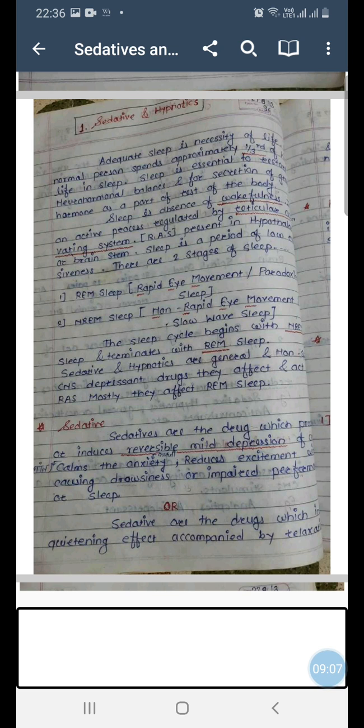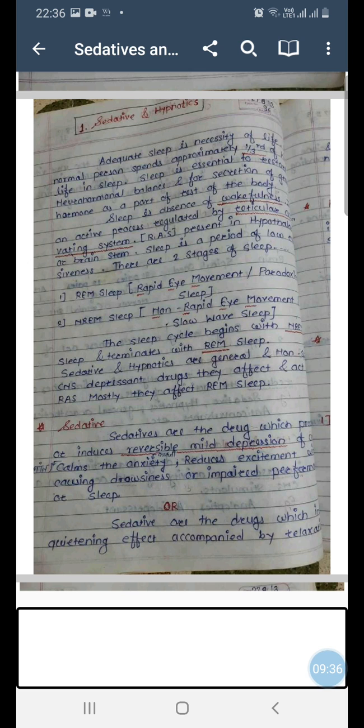Then electrooculogram, which studies the activity of your eyes during sleep. So, this collective study of your brain's activity, your eyes' activity, and your muscles' activity gives information about the changes which are occurring in an individual during the whole night's sleep.